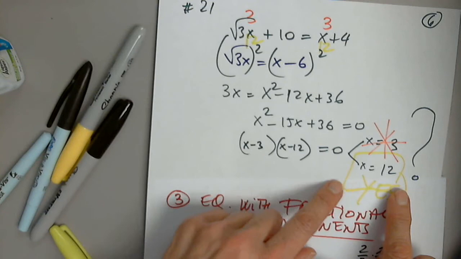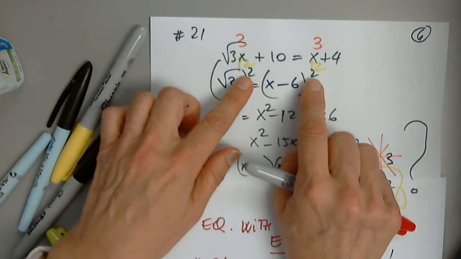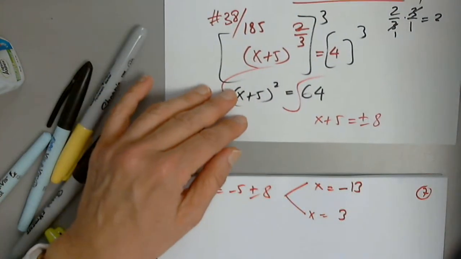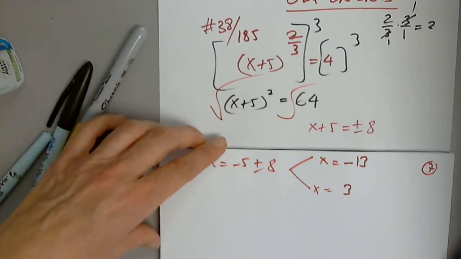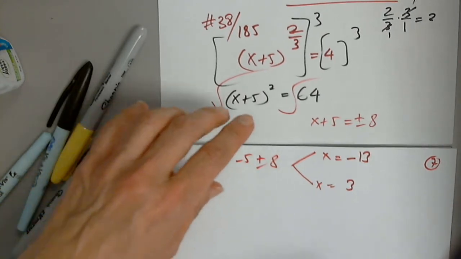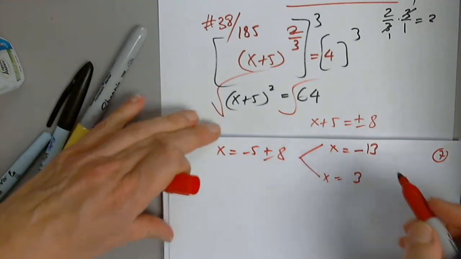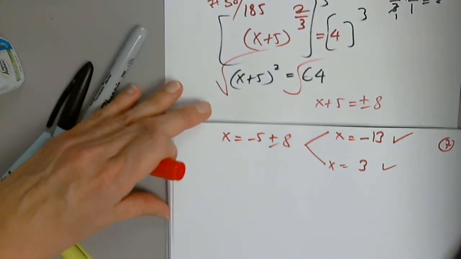So you can write that down. If we raise both sides of an equation to an even power, it's mandatory to check. If we raise both sides to an odd power, it's not a problem; both will work. You can go back, but I guarantee you both work.